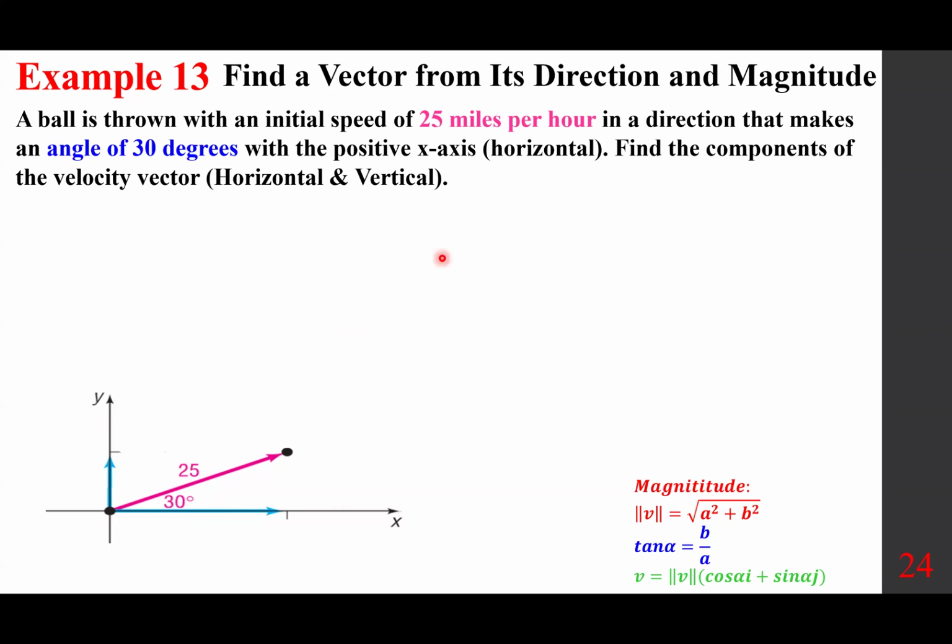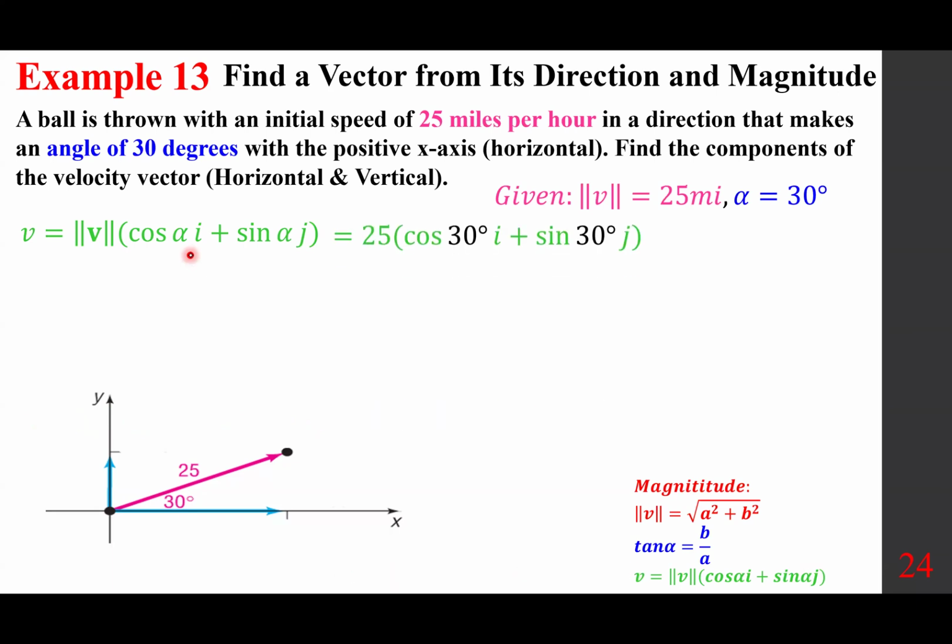And so what is given? The magnitude is 25 miles per hour of the vector v, and alpha is 30 degrees. So we go with this and replace the magnitude with 25, alpha with 30 degrees, to find the components. Cosine of 30 degrees is square root of 3 over 2, sine is 1/2.